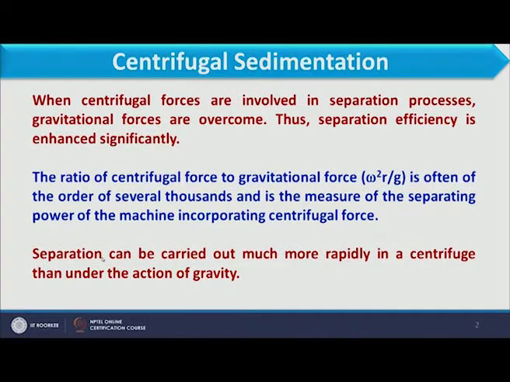Because this ratio is very high, the separation becomes very easy and very fast in comparison to normal sedimentation which works under gravity. So, separation can be carried out much more rapidly in a centrifuge than under the action of gravity.